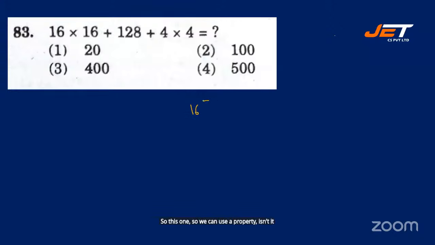You can take 16 out. So you will have 16 plus 16 into 3. 6 3s are 18. 16 into 8. 6 8s are 48, 8, 9, 10, 11, 12. So 16 into 8, isn't it?